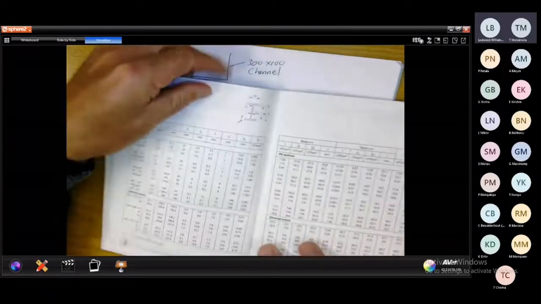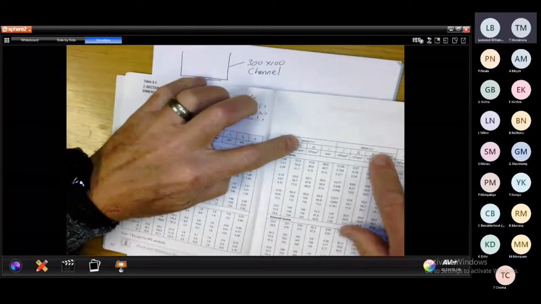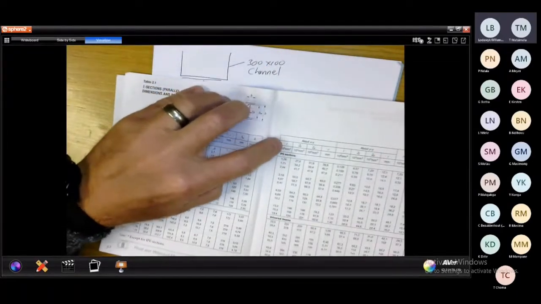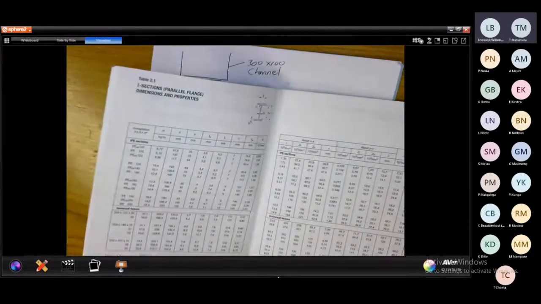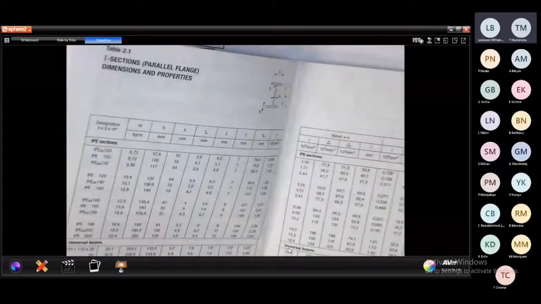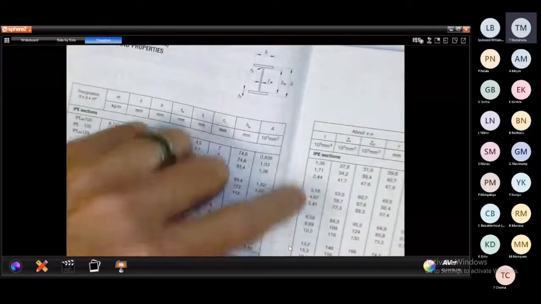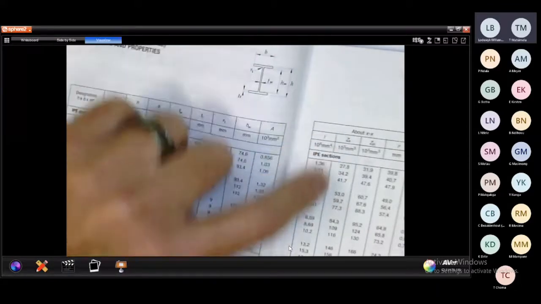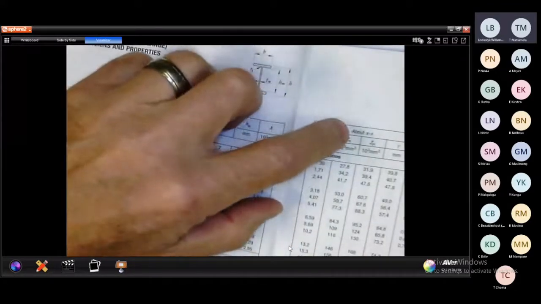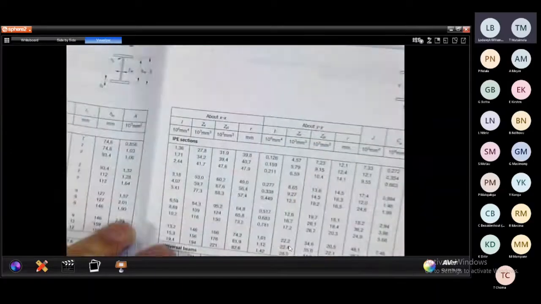On the next page, you see about XX and about YY. There's your I. Let me make it a little bigger for you. I hope you have your books in front of you. There's your I, and then we're also working with Z, the effective one. This is through YY, and that is through XX, and this is through YY. But we will come to it now.